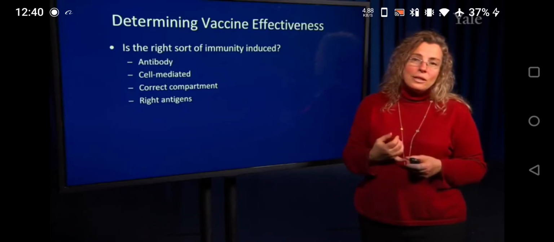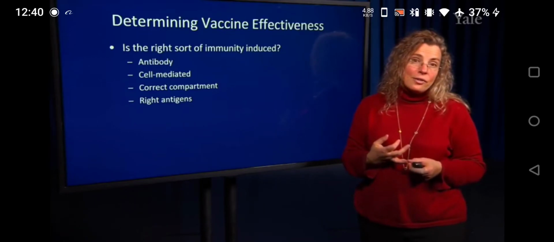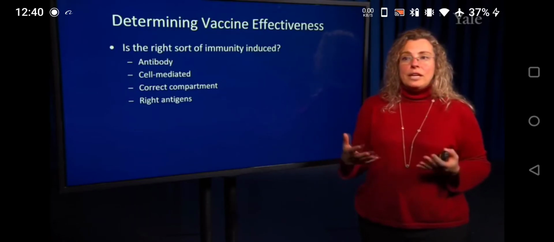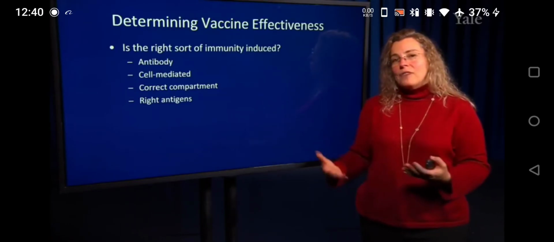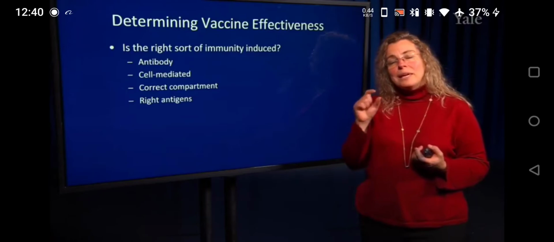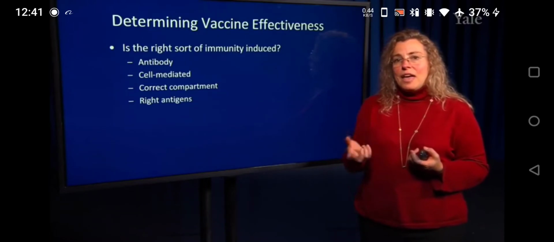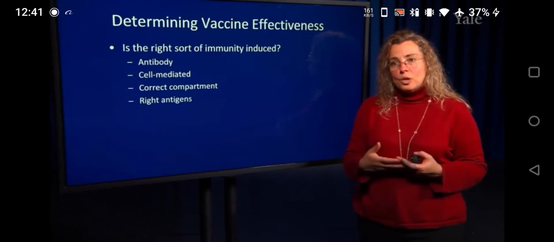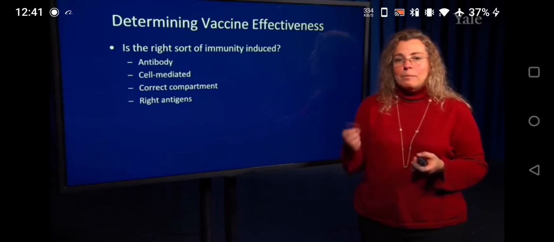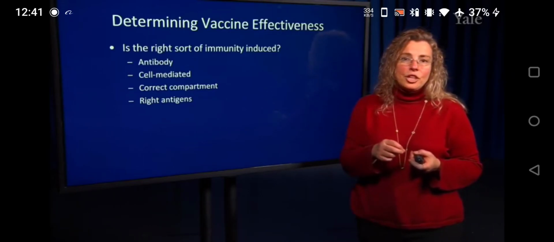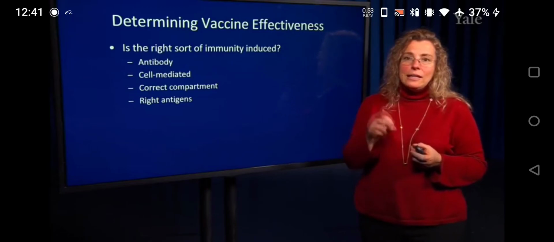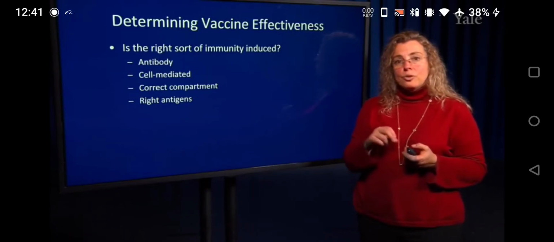Again, if you do an attenuated vaccine or a whole-killed vaccine, you've kind of got all of the antigens there. But a lot of our new vaccines are moving to small pieces of a pathogen, and then you have to do more work to make sure that immune response to that particular piece of the pathogen will actually give you a protective immune response to that whole pathogen.